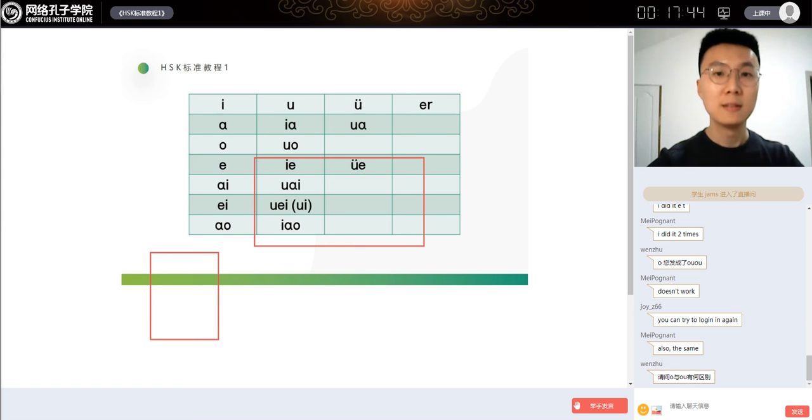These 3, the first sound is louder and longer than the second one. Listen again. Ai, ei, ao. Okay, let's look at that last 3.